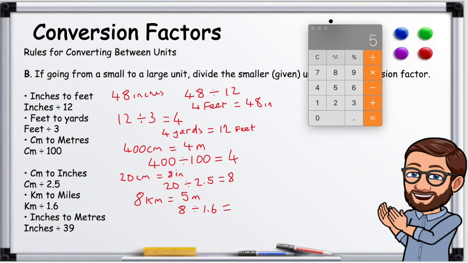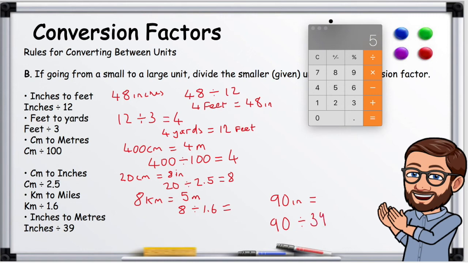And lastly we have inches to metres. Now in every metre there are 39 inches, so our conversion factor is 39. And as we know, if we go from the smaller unit to the larger, we divide by the conversion factor. So let's see what we'd get if we were given 90 inches. So 90 divided by a conversion factor of 39.